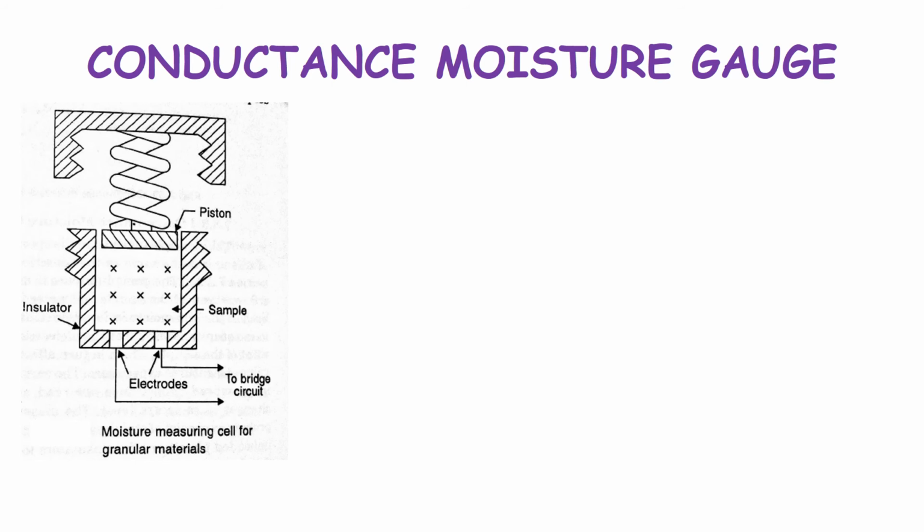With the help of a piston, you press it towards the wall, and the force that you give goes to your bridge circuit. For example, if your bridge is balanced, we say that the moisture content is correct. If there is an unbalanced condition, then the moisture is not maintained properly.